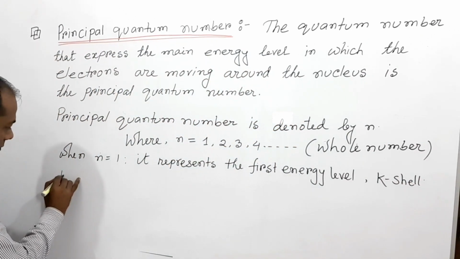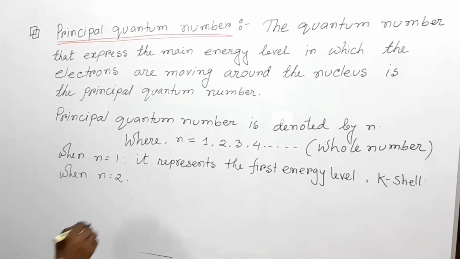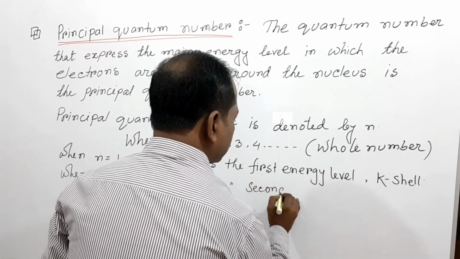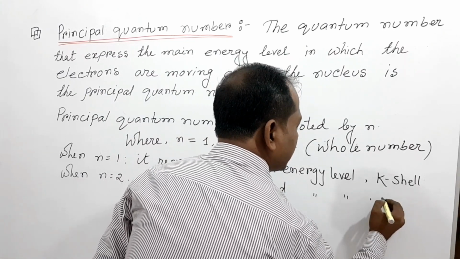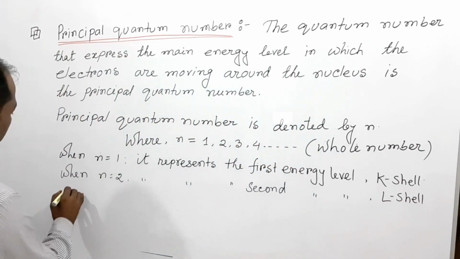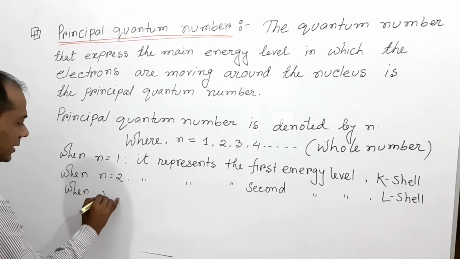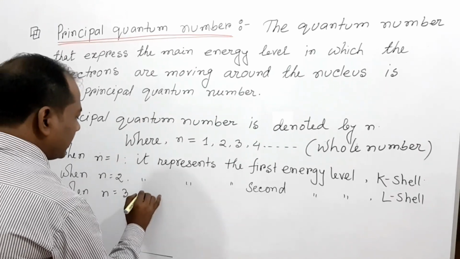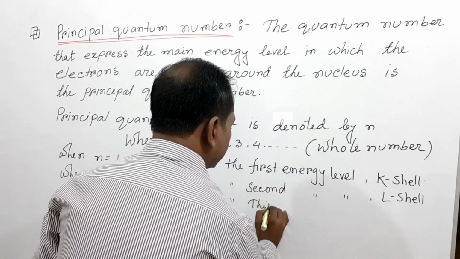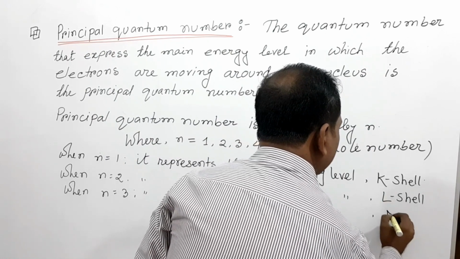When n equals 2, it represents the second energy level, that means L shell. When n equals 3, it represents the third energy level, that means M shell.